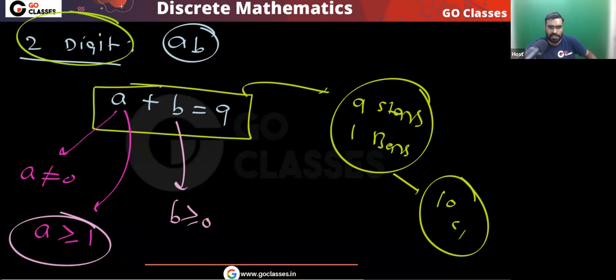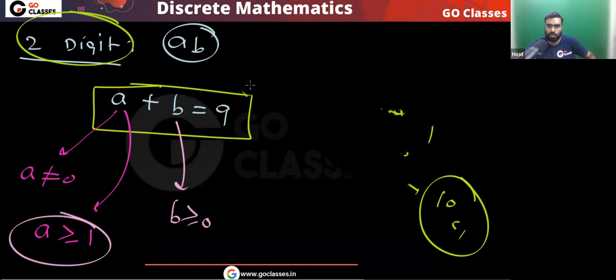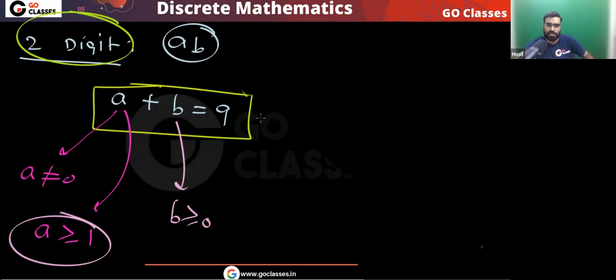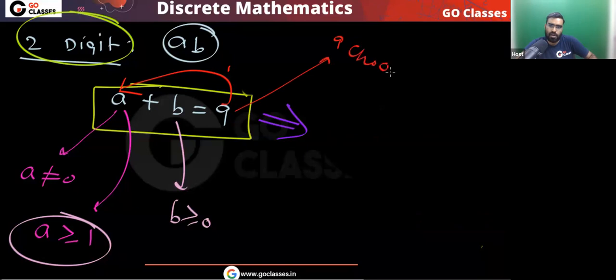So what is the first thing you will do? First you will give 1 chocolate to A. Total 9 identical chocolates you have.